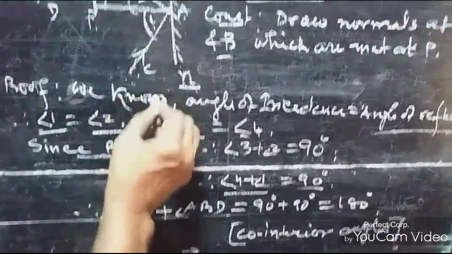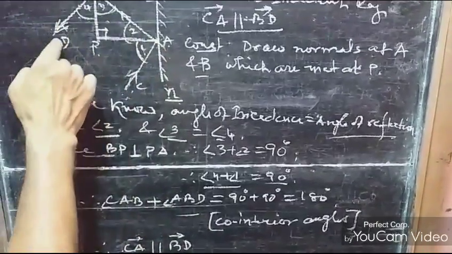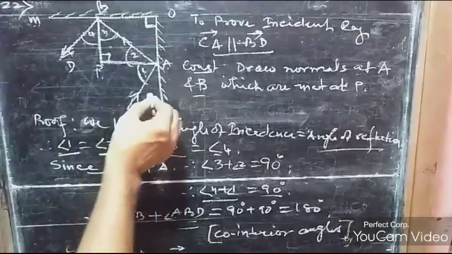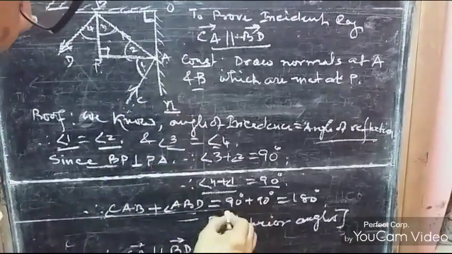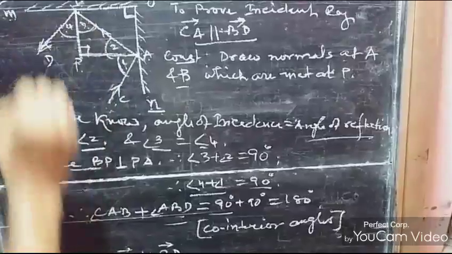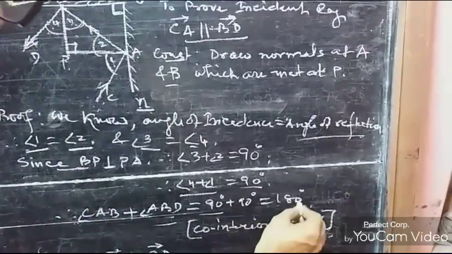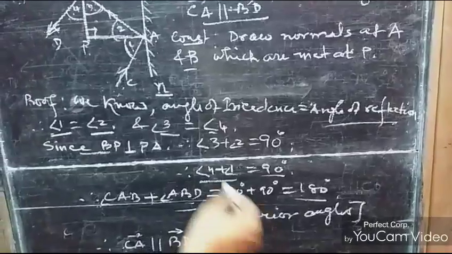Now angle CAB plus angle ABD. What is that? CAB is 1 plus 2, that is 90, and angle ABD is 3 plus 4, which is also 90 degrees. So the measure of these two angles together is 180 degrees.